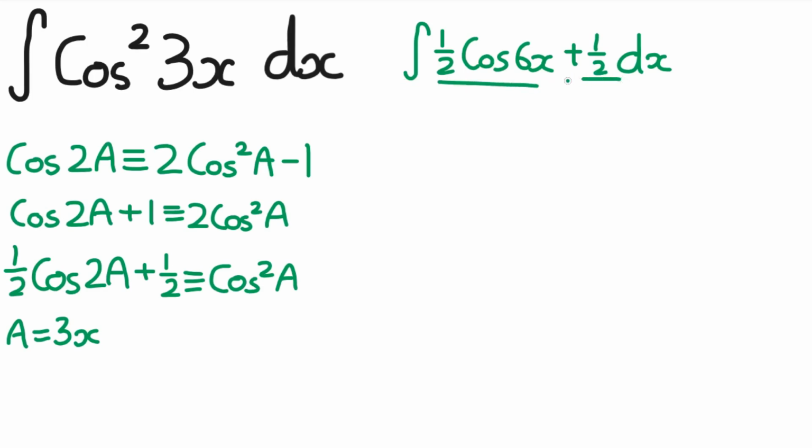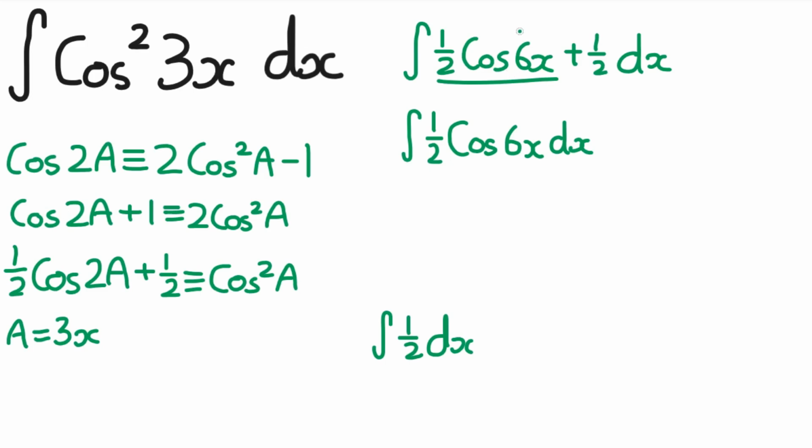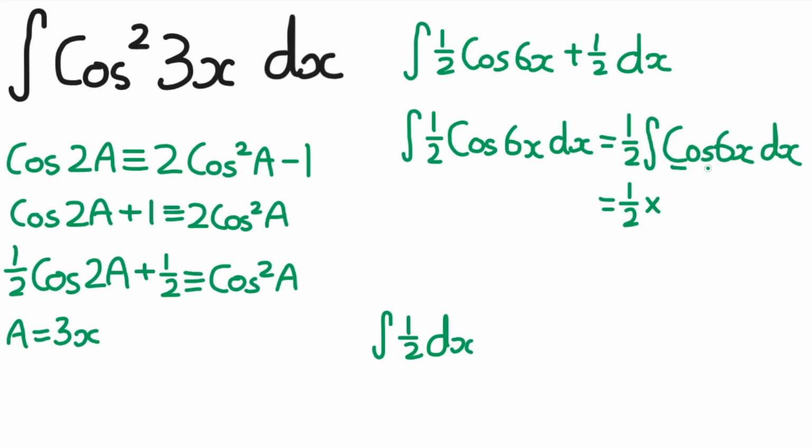So we have these two terms, so let's take them one by one. If we start with this half cos of 6x, we can take this half out of the integral like this, so it's half and then the integral of cos of 6x. This is similar to the previous one, so remember there are two steps. Firstly, we have to divide by the coefficient of x, which is this 6, so it's going to be 1 over 6 like this here, and then we need to integrate the function here, which is the cos.